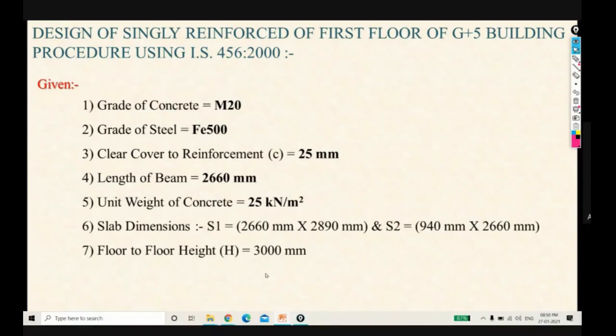In floor to floor height we have not deducted the depth, because in calculation of wall height the depth is important. But here we are designing the beam, so we don't have the depth of the beam, and that's why we have considered the total floor to floor height.